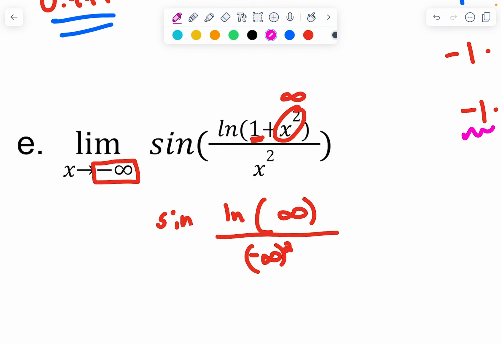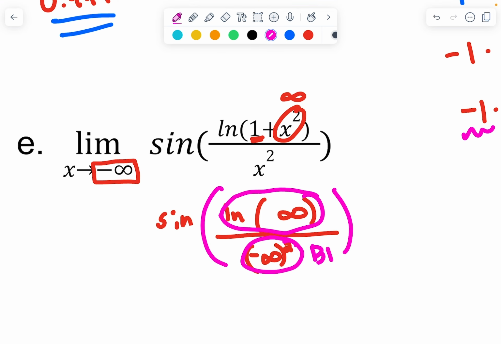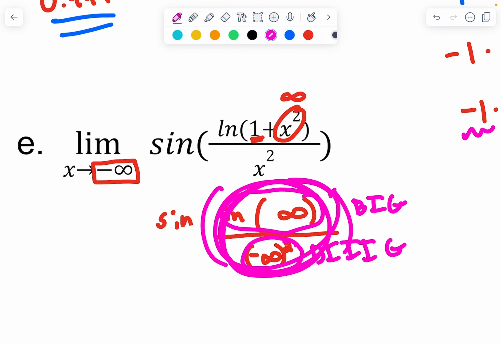Okay, comparatively, this, something squared, compared to ln of something, the denominator is going to grow way, way, way bigger. This is big, and this is big. And so big over big in the scale of infinity, this whole thing's going to get closer and closer to 0.